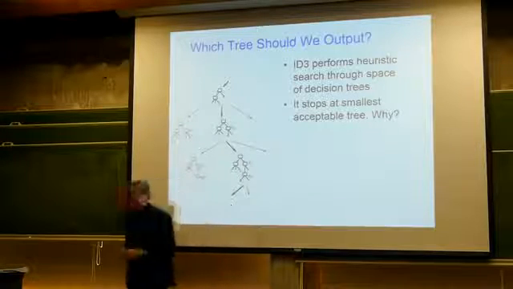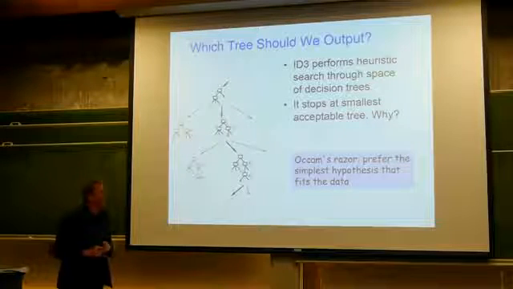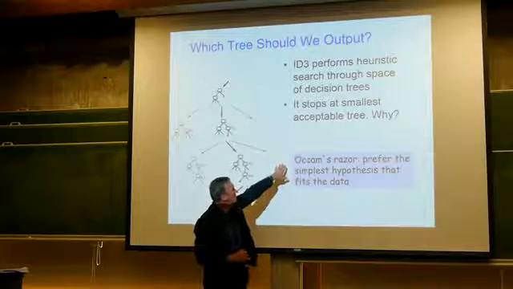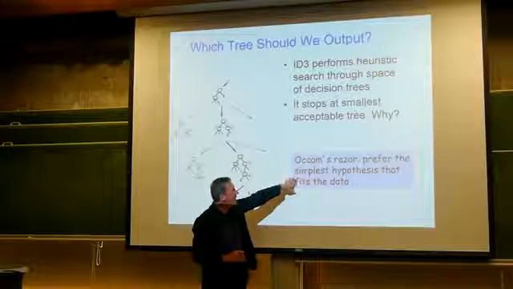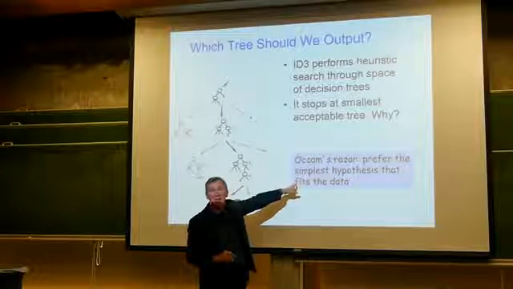Why is that reasonable? The earliest person we know who talked about this is William of Ockham, who in the 1300s suggested that all other things being equal, we should prefer the simplest hypothesis.